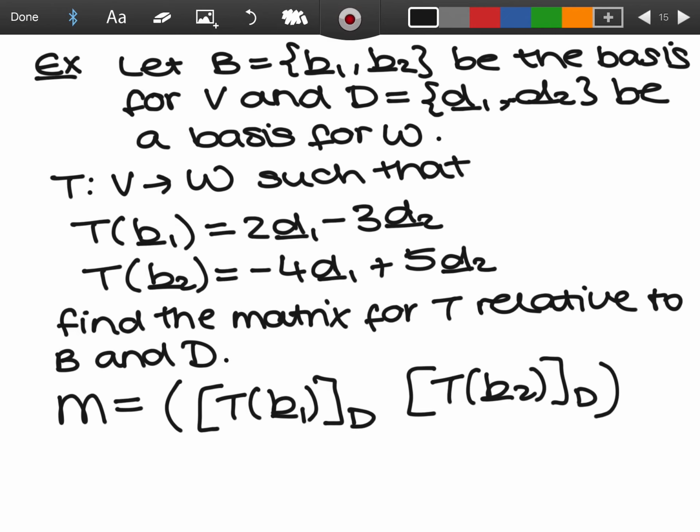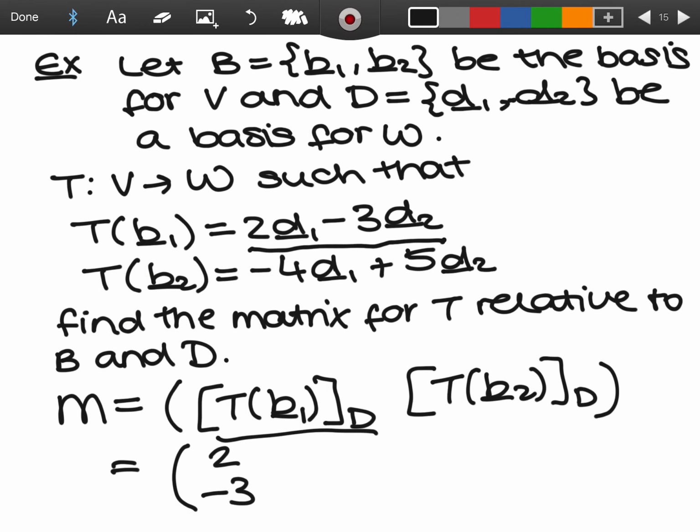Okay. Now, T of B1, we said, was 2D1 minus 3D2. The coefficients of my basis vectors in D in this will form the coordinates with respect to D. So in this case, T of B1 with respect to the basis D is just 2 of D1 minus 3 of D2.